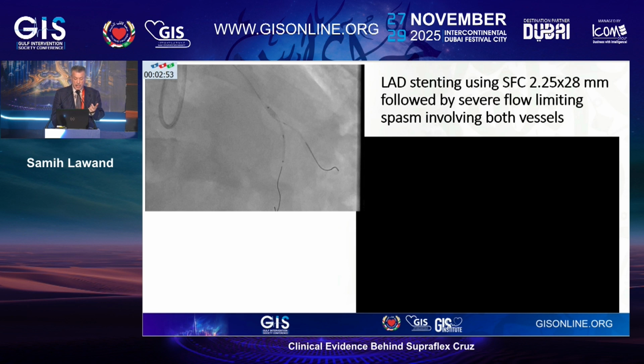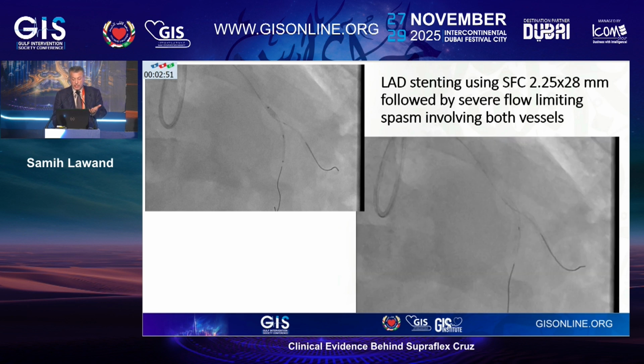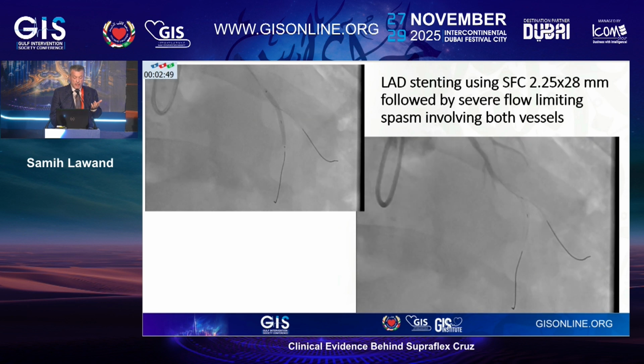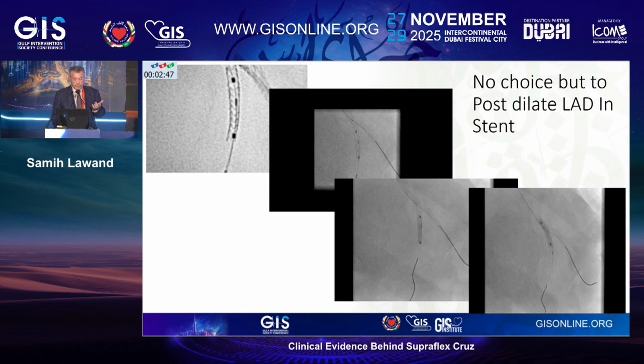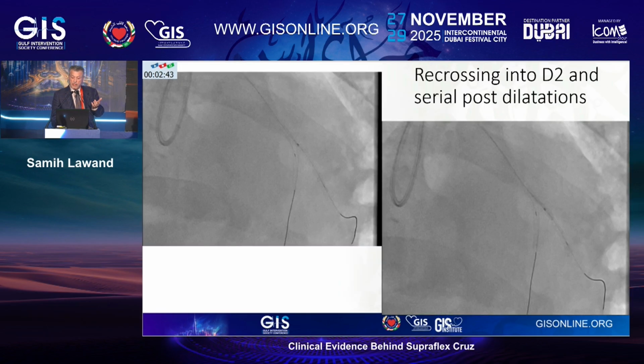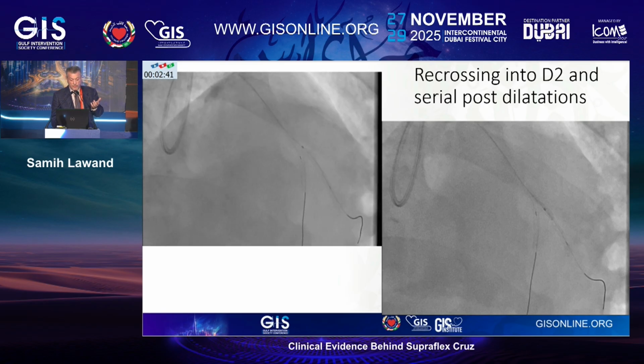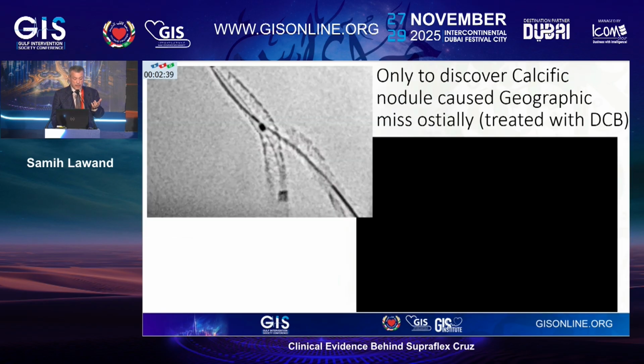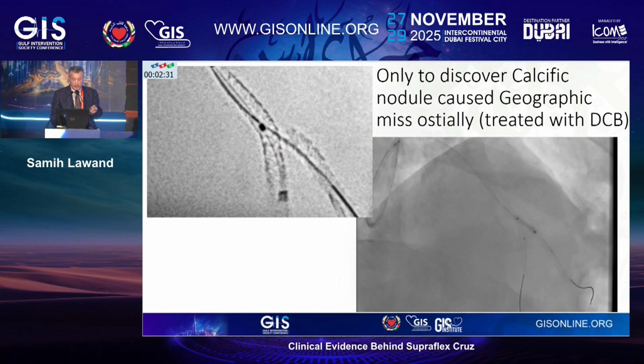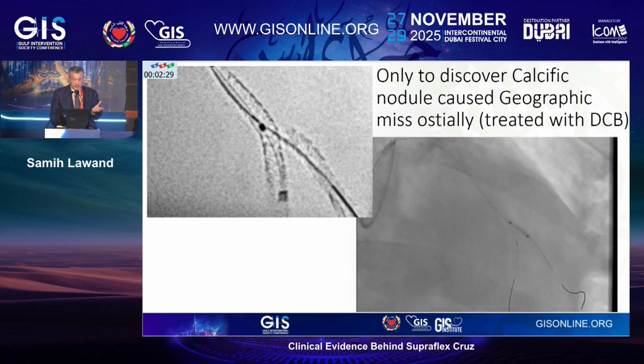Here again, I had to put a stent, and the stent was positioned properly and post-dilated. Recrossing into D2 and continuing, I discovered a big chunk of calcium at the ostium of the diagonal, which I treated with a drug-coated balloon.